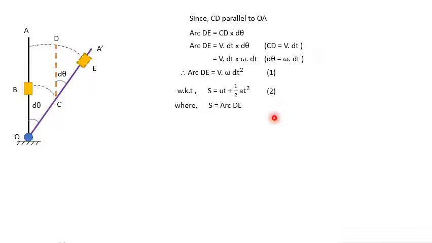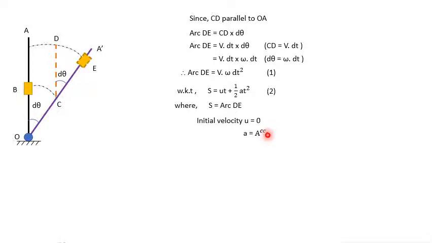Here S represents the displacement, so I will consider S as the arc DE. Next, its initial velocity is 0, therefore u is equal to 0. Next, the acceleration I am going to get in this triangle is the additional acceleration, which is nothing but the Coriolis component of acceleration, denoted by capital A suffix cc.